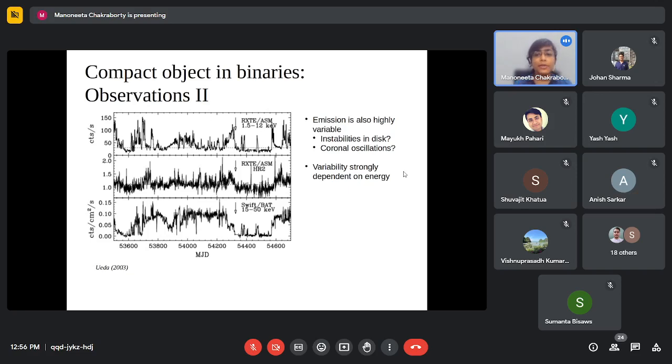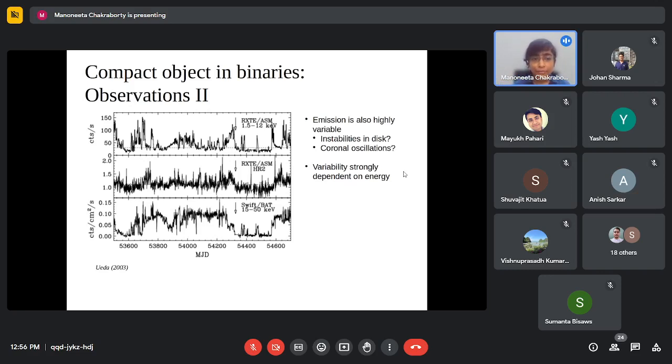And this variability can happen due to a multitude of reasons. They can happen due to the various physical instabilities developing in the accretion disk that I showed you, or there is a gaseous plasma sitting over the binary systems, which is known as the corona, and the plasma oscillations in the corona can also contribute to the variabilities that you see in the emission.